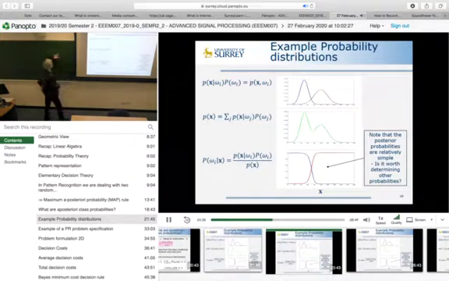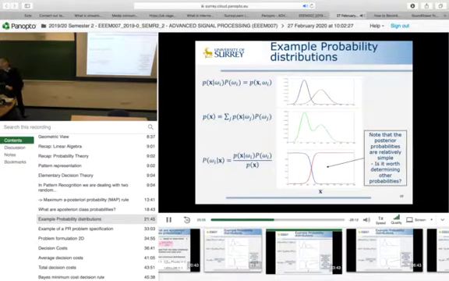So on our Bayes theorem here, the version of Bayes that we want is P of omega I given x is P of x given omega I times P of omega I over P of x.